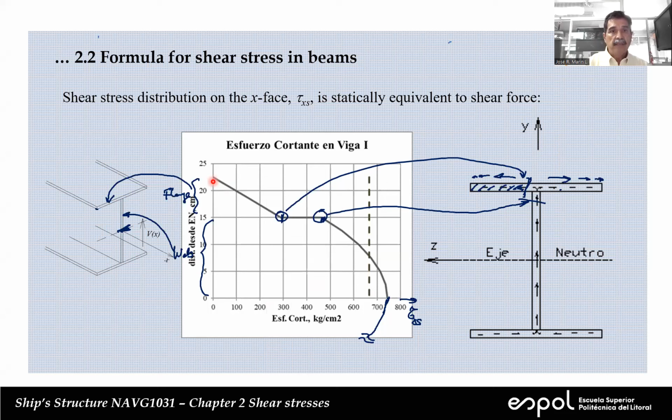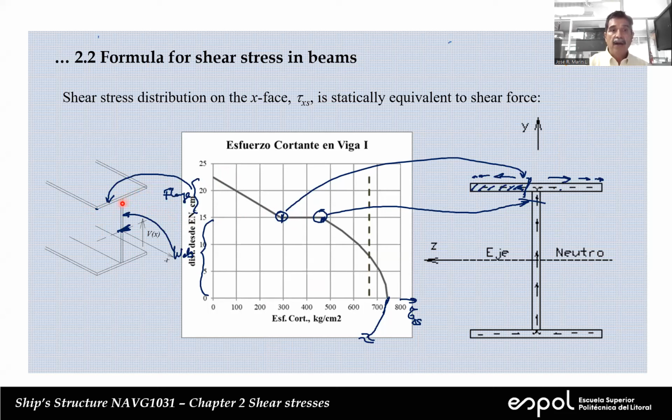So here we have the distribution. In this part, the distribution is linear. That's what we're seeing here. We have a jump because if we make a cut just below the top of the web, you have to consider not only this, but also the other side.